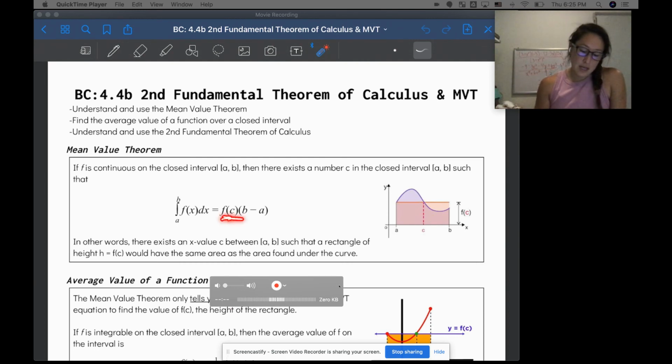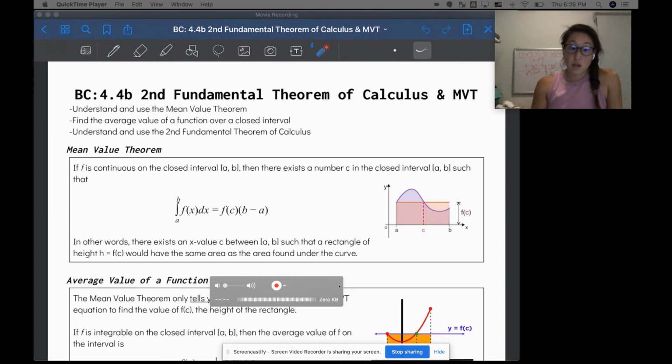such that f of c times the change in x, so b minus a, is equal to the integral of the area under the curve from a to b.